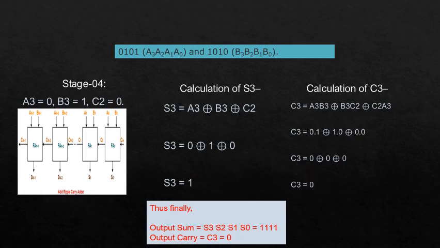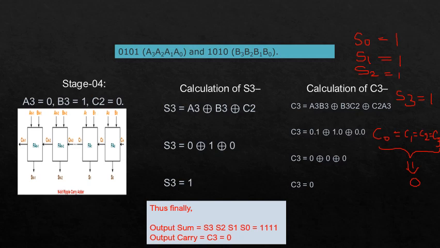So as we follow all 4 stages, we have S0 equal to 1, S1 equal to 1, S2 equal to 1 and S3 equal to 1, and the carries C0, C1, C2 and C3 are all equal to 0 for the chosen example case.